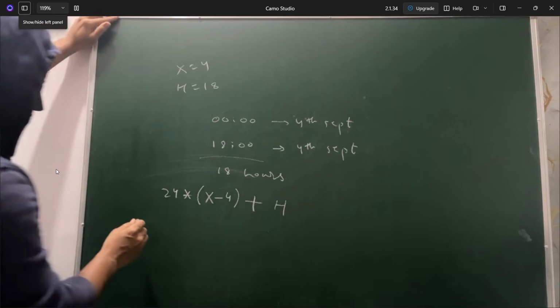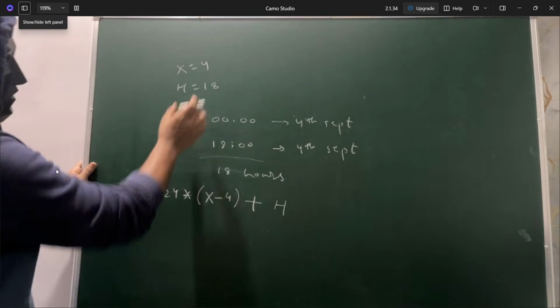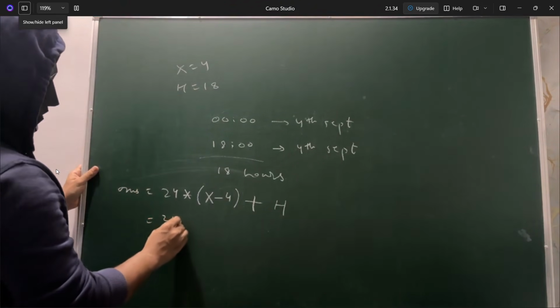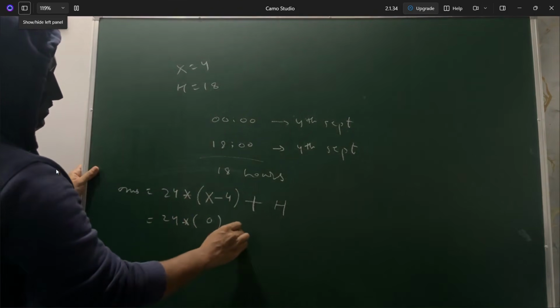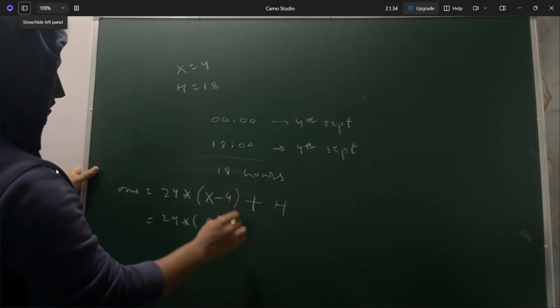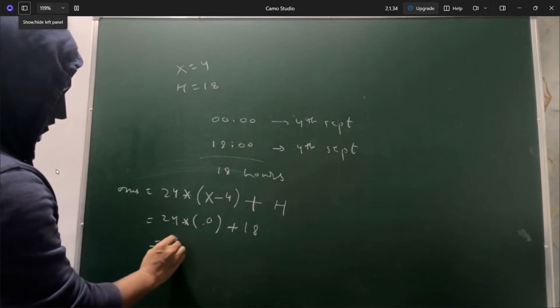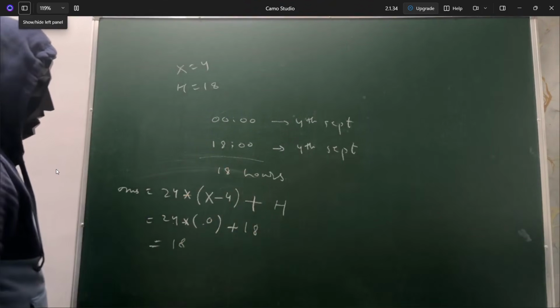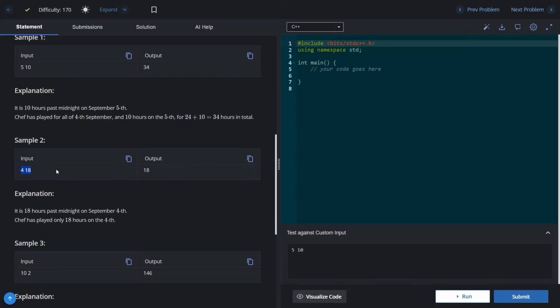So this is the answer formula. If we put in x as 4, 4 minus 4 is 0, 24 times 0 plus h, which is 18, is 18. So in this case 18 is the answer, as we know. This is the thing that we need to take care of.